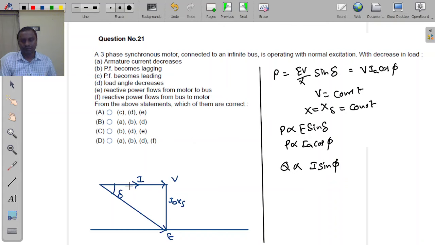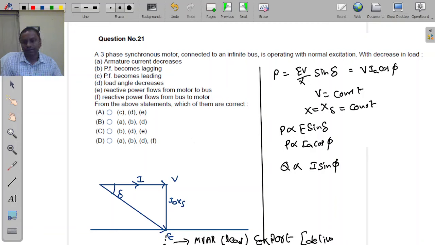Reactive power becomes this horizontal line. This is the normal excitation. In this direction, it is MVAR leading, meaning export or deliver. In the other direction, this will be MVAR lagging, or import.